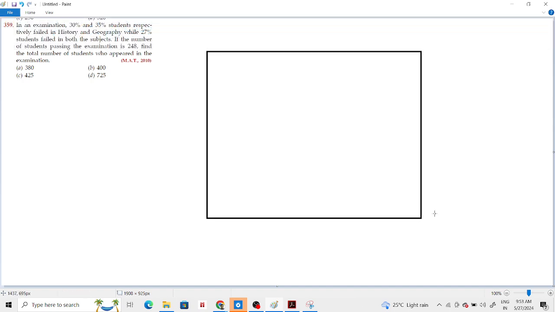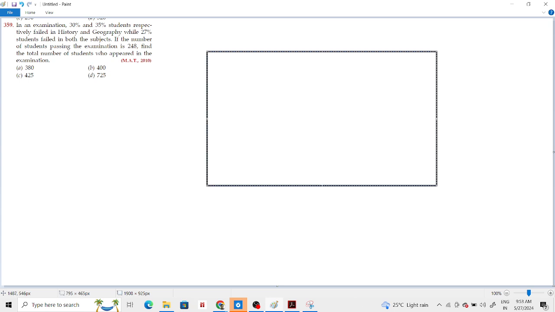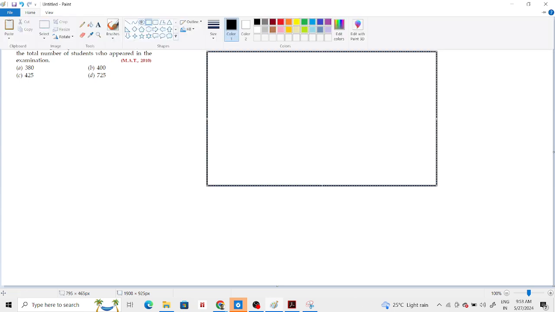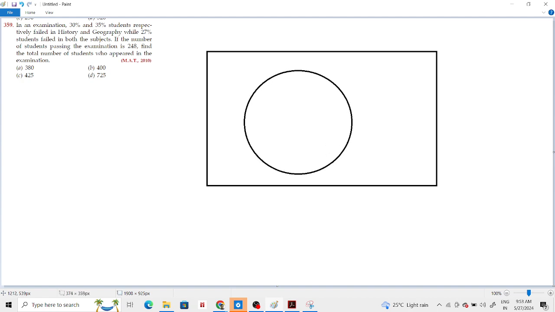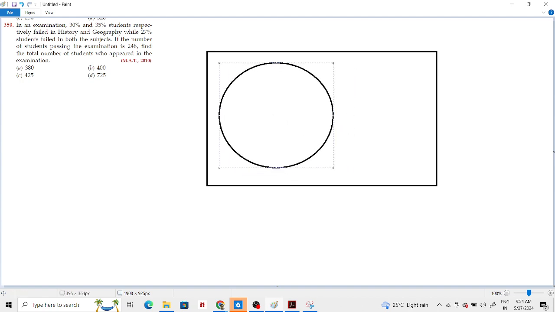So this is our Venn diagram, and these are our two sets. This is history, this is geography.